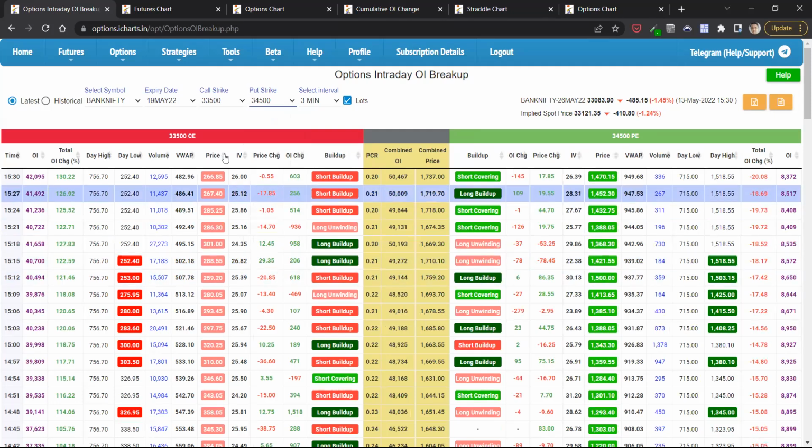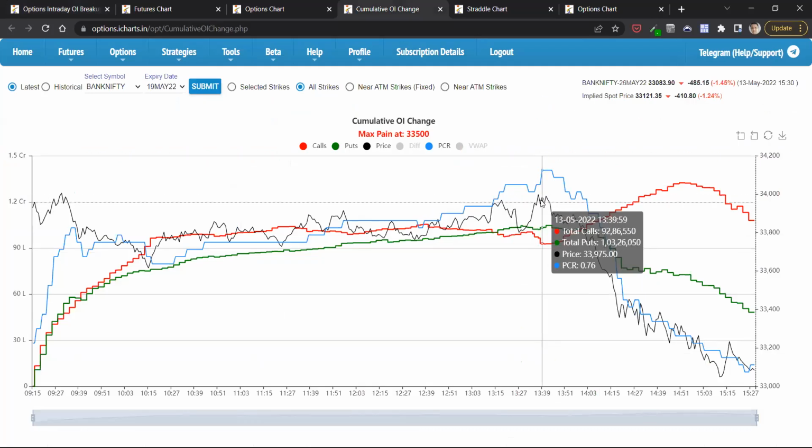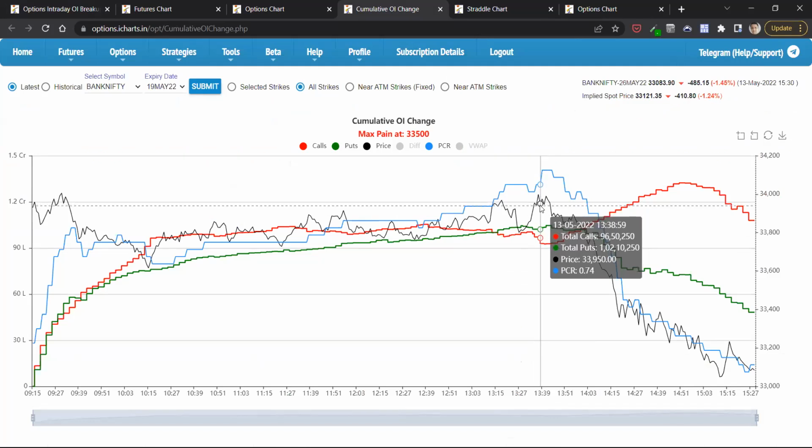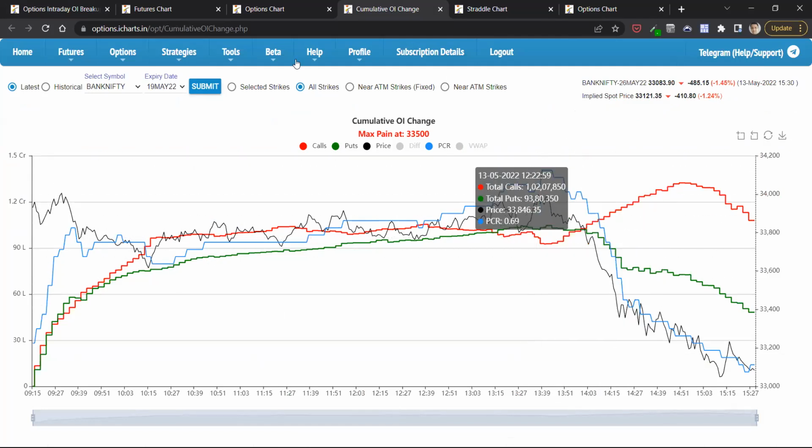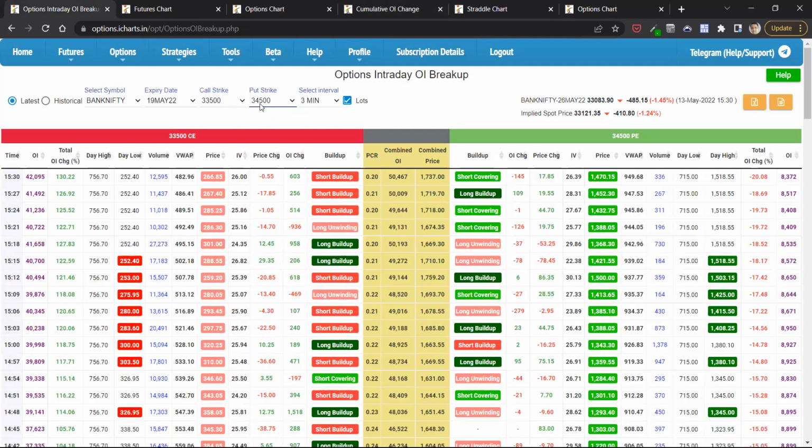Market was around 33.9, near 34, so both 33.5 and 34.5 are in the money.